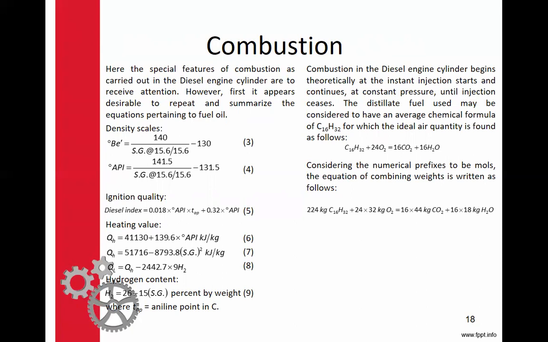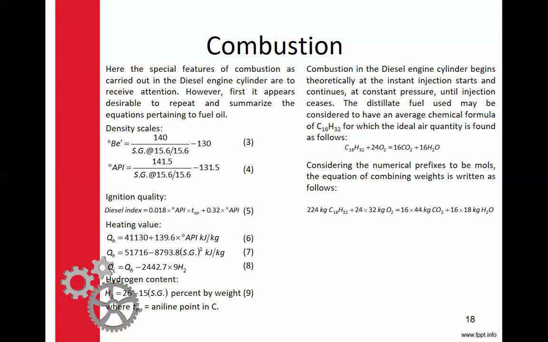The ignition quality is this. The diesel index is 0.018 times degree API times T sub AP, the aniline point, plus 0.32 times degree API. The heating value now is Q sub S equal to 41,130 plus 110.6 times degree API in kilojoule per kilogram.